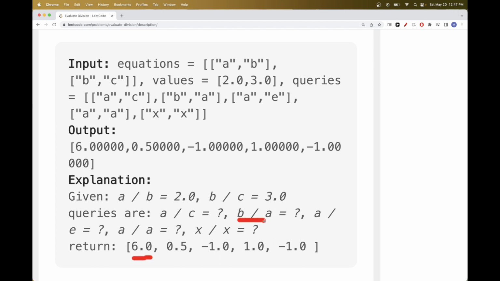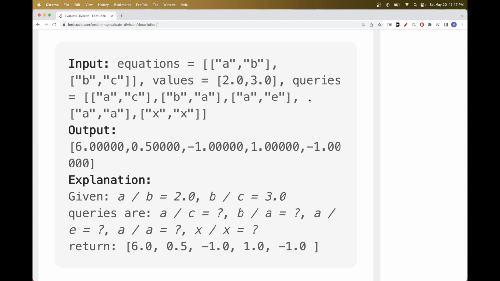What about B divided by A? Well, we already have A divided by B, right? So if we want to get B divided by A, we can just say 1 divided by this. The result would be B divided by A, and so that means basically 1 divided by 2.0, and so that's 0.5. So that's sort of the idea here.